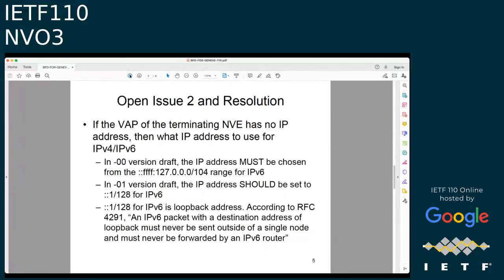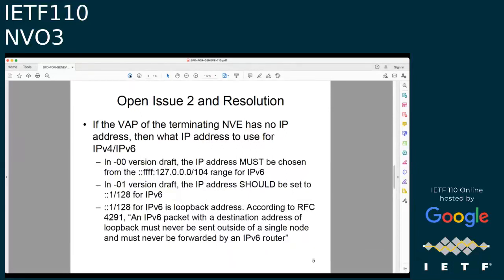Yes. Actually, we have two solutions for BFD for Geneve. One is for the management VNI, another is for the non-management VNI. So this draft only describes the non-management VNI solution. For non-management VNI, we provide two encapsulations. First is BFD over IP over Geneve.